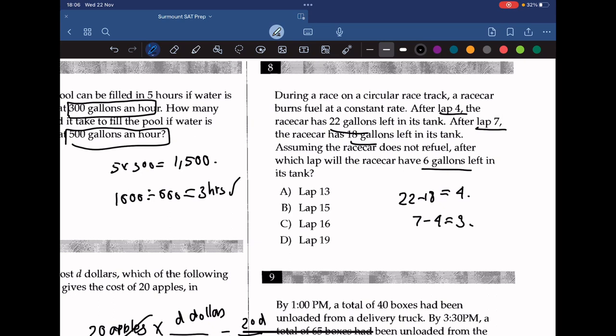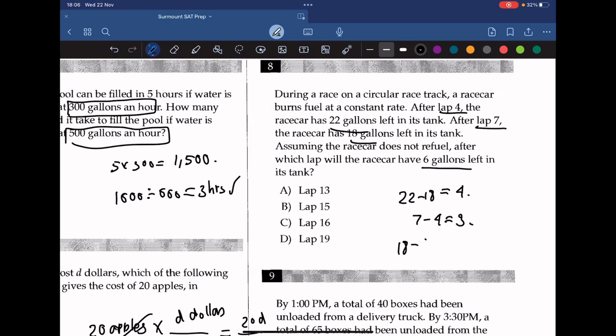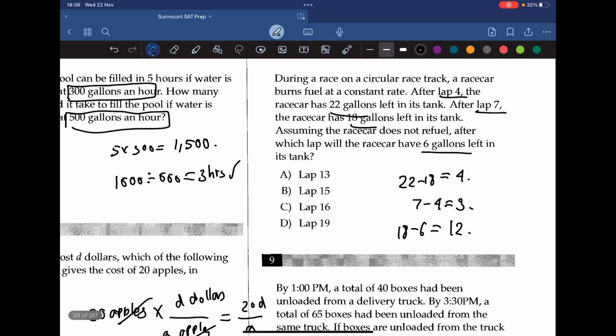So to get to 6 gallons left, the race car will have to consume 18 minus 6, which is 12 more gallons, right? So since it's 12 more gallons, we multiply 12 gallons by 3 laps over 4 gallons, which will give us 9 more laps. So since it's 9 more laps, it must be C.